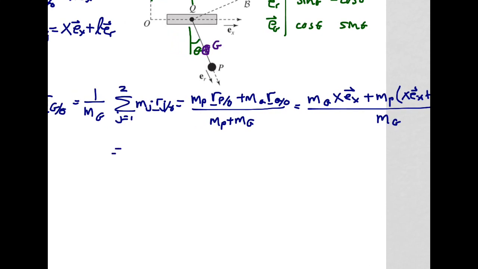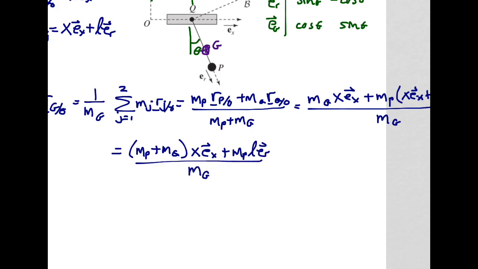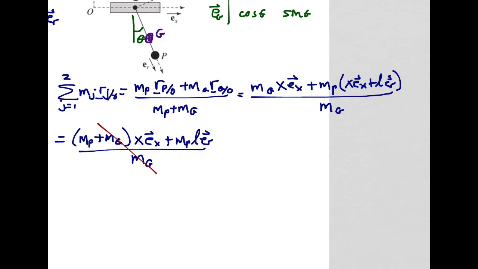We'll collect our x terms, and we get MP plus MQ times x in the EX direction, plus MP times L in the ER direction, all divided by mg. We'll see that this term cancels out.